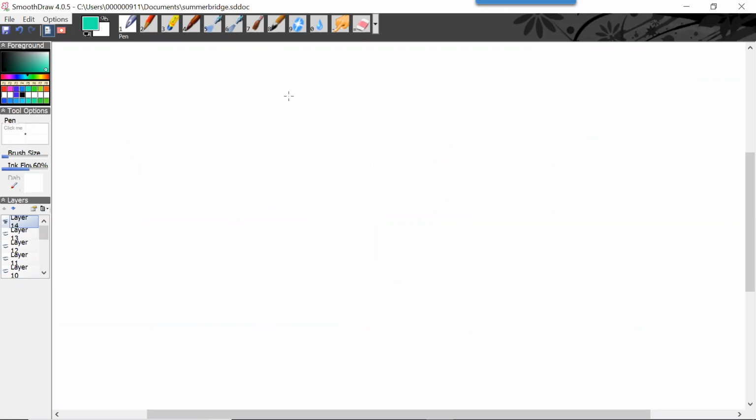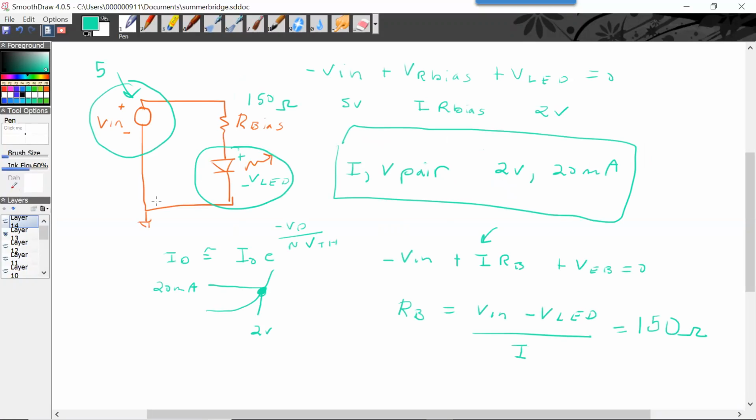Okay. So to bias something is to set a DC voltage and current. So in this circuit, I wanted 20 milliamps flowing through the whole circuit, and I wanted 2 volts to fall across here when the power supply was 5 volts.